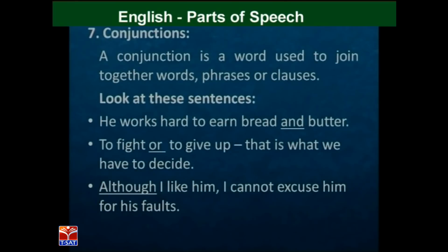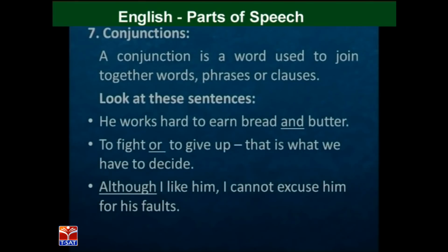So, in the first sentence, the conjunction and joins together two words. Similarly, in the second sentence, we notice that a conjunction joins two phrases. And in the third sentence, we can notice that a conjunction joins together two clauses.